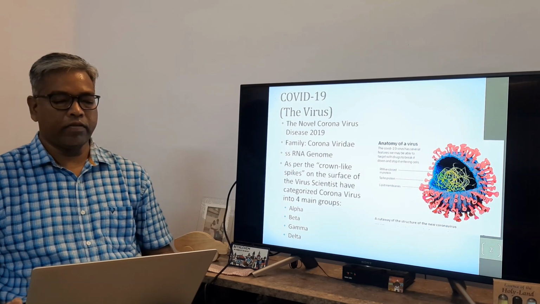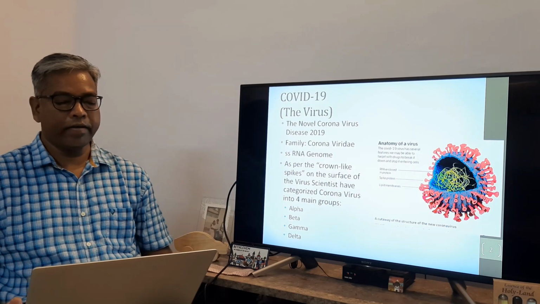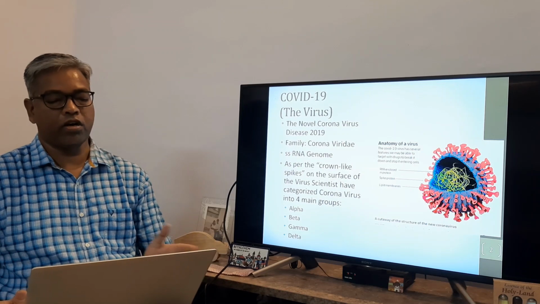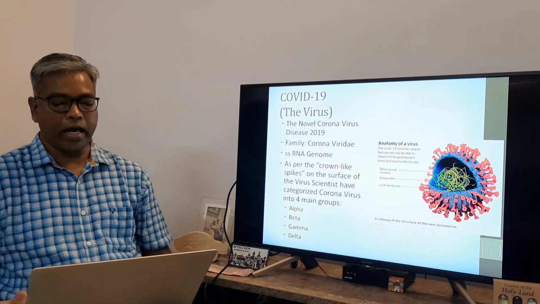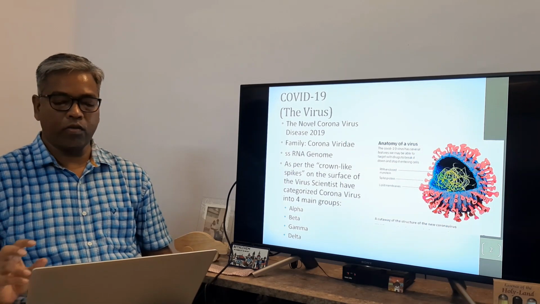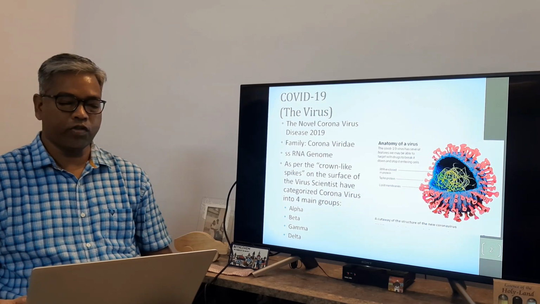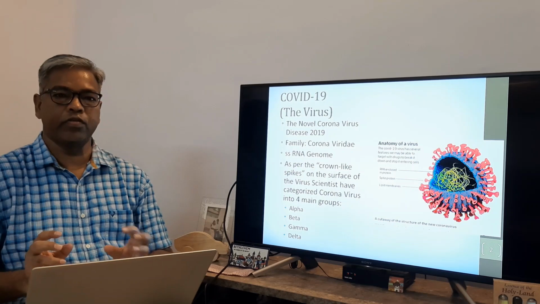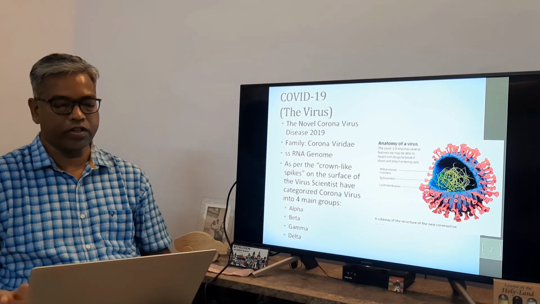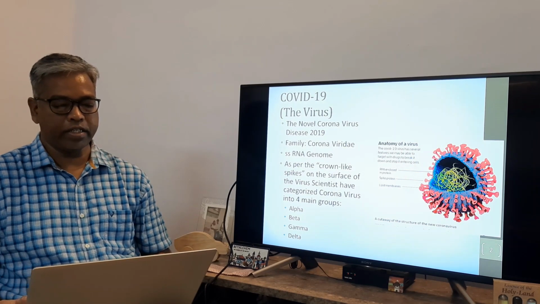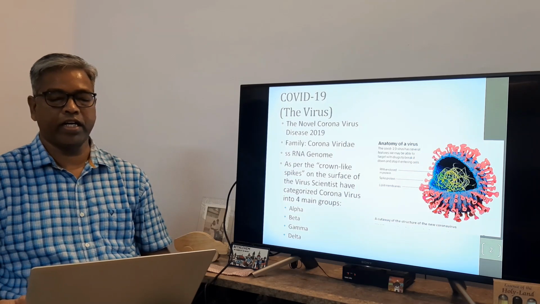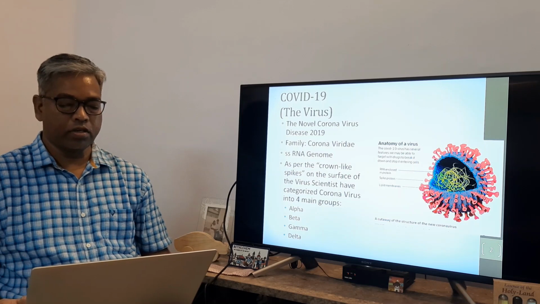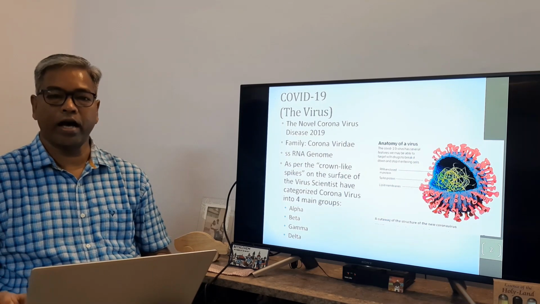The family is Coronaviridae, and it has an RNA genome. As per the structure or anatomy of the virus, there are spikes like crowns on the surface of the virus, and based on that, scientists have categorized coronaviruses into 4 main groups: alpha, beta, gamma, and delta.